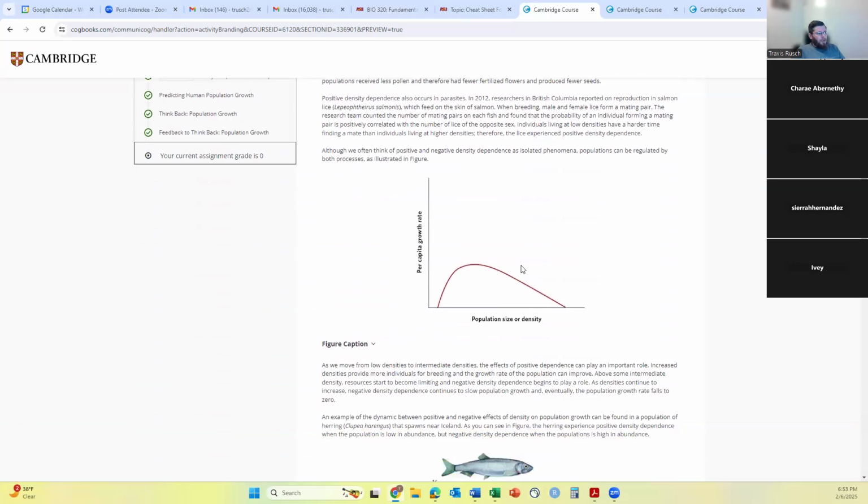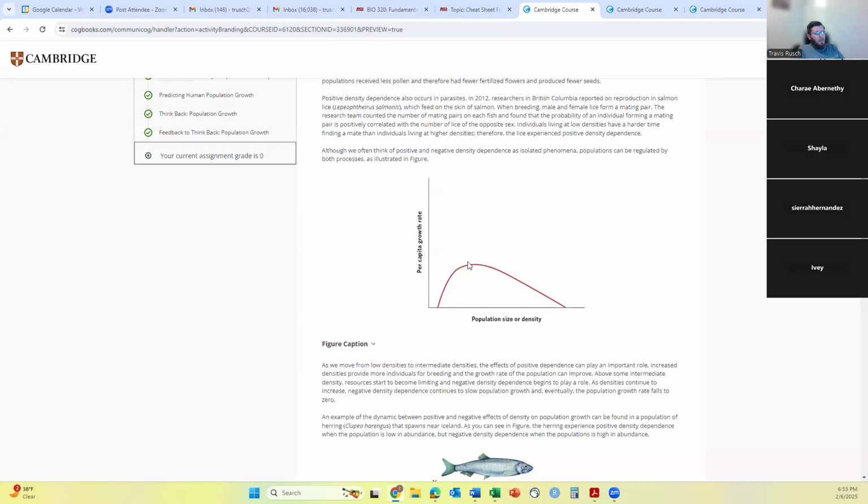And what is this figure showing us right here? We're seeing positive density dependence and negative density dependence in the same figure. So it's telling us that maybe these two aren't mutually exclusive. As we talked about, when there are small population sizes, we might see initially a positive density dependence where we have this rapid growth.